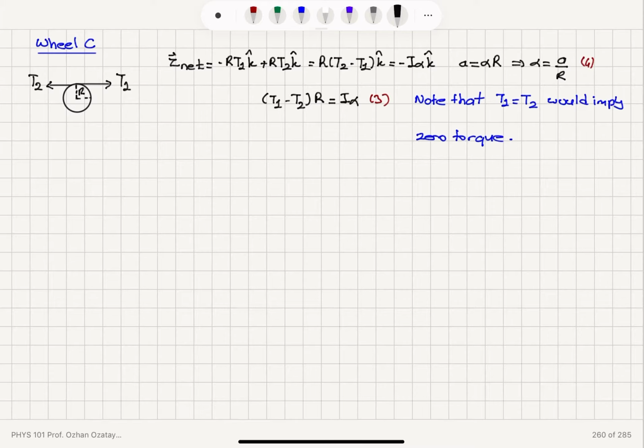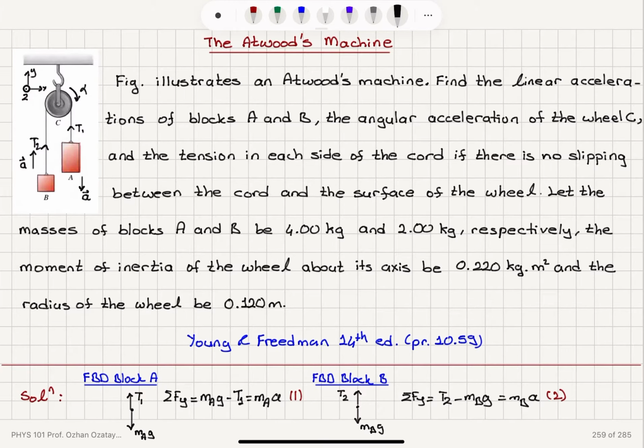Okay, so let's rewrite equation number 1 here. Equation number 1 is MAG minus T1 equals MAA. So we can isolate T1.